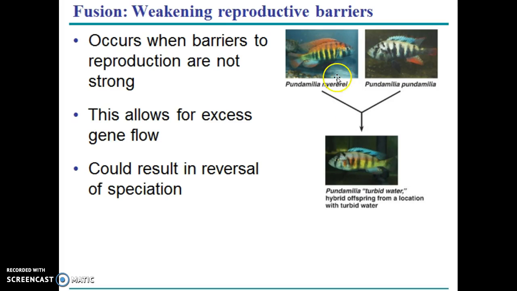This is a result of excessive gene flow between these two species and the formation of the hybrid species. So this is almost a reversal of speciation, in that we're not diverging into more and more species, but we're converging into the same species. Now when I say converging, don't get that confused with convergent evolution.